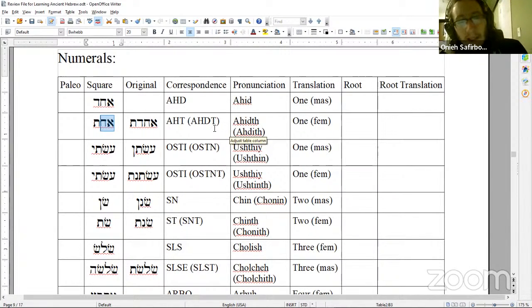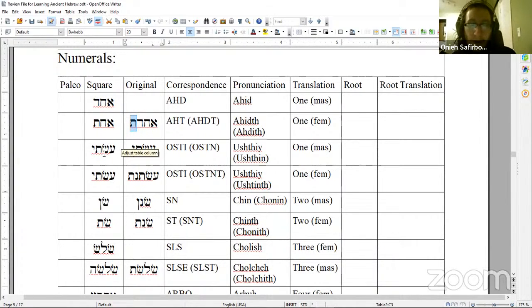Original is either ahid or ahdith, and it means one, the feminine version, because a word becomes feminine if it adds tav at the end, or hey. In later Biblical Hebrew, it's a hey, but in original Hebrew, it's a tav that makes it a feminine word. So ahed is one, you add tav at the end, that makes it feminine one.